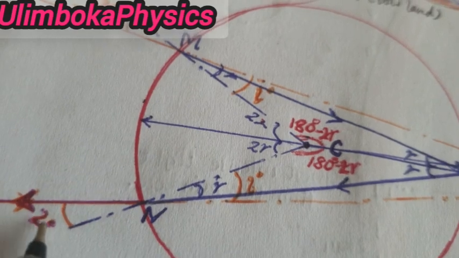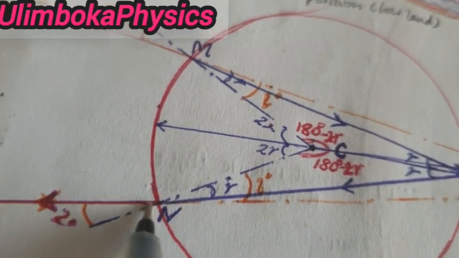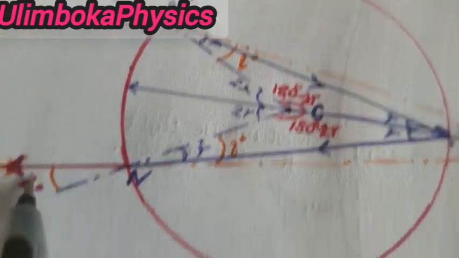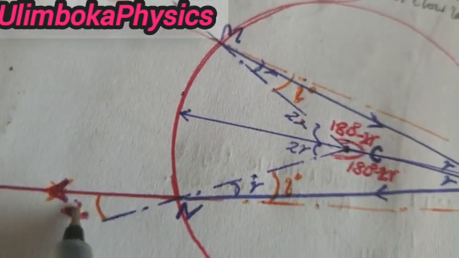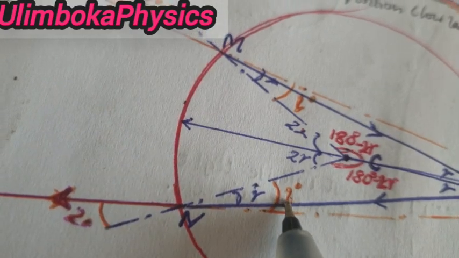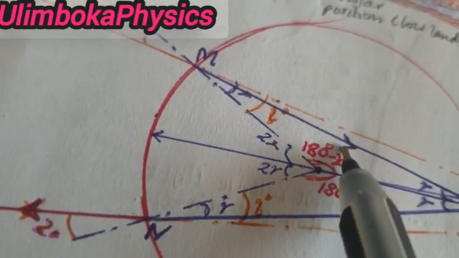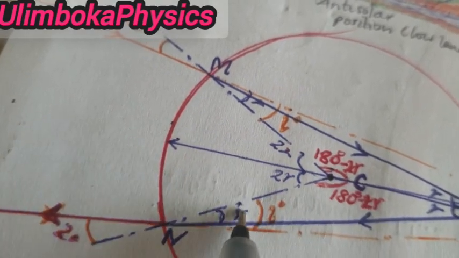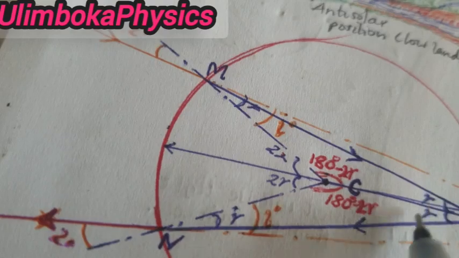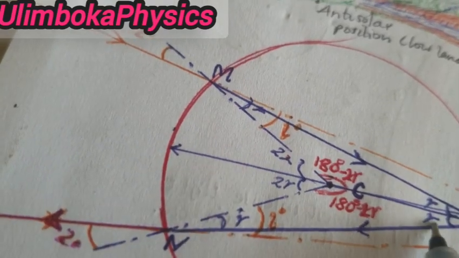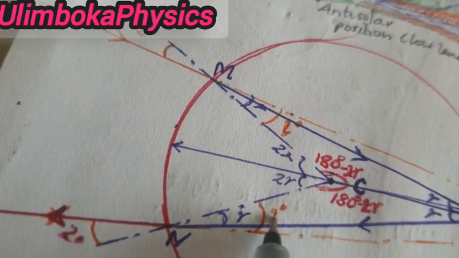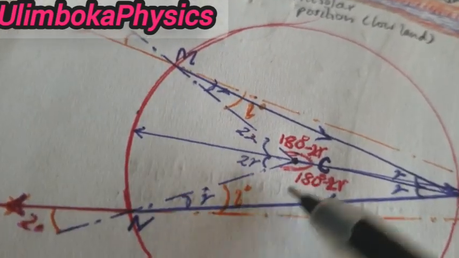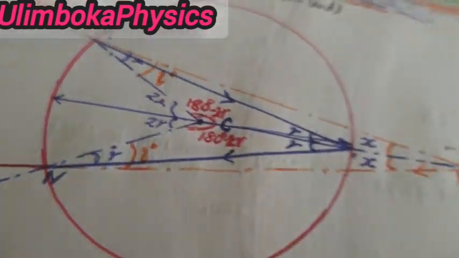Therefore, these two triangles are congruent, so the angles inside are the same. This is r, also this is r, and this is the incidence angle as this one, because these two triangles are congruent.